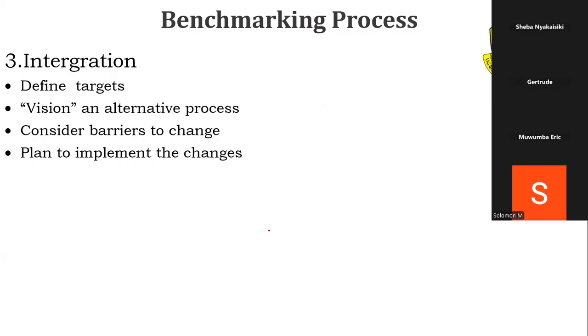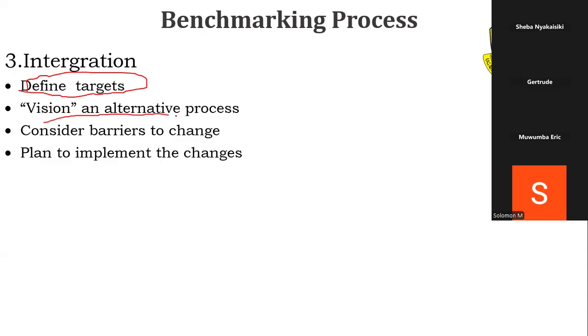The third is integration. So integration is now seeing how we can integrate what we have found, the gaps, or basically where we are now beginning the creative adoption. What are we willing to pick up from the other side? And for us to do that, we first start by defining our targets. What is it we want to improve? What are our goals?